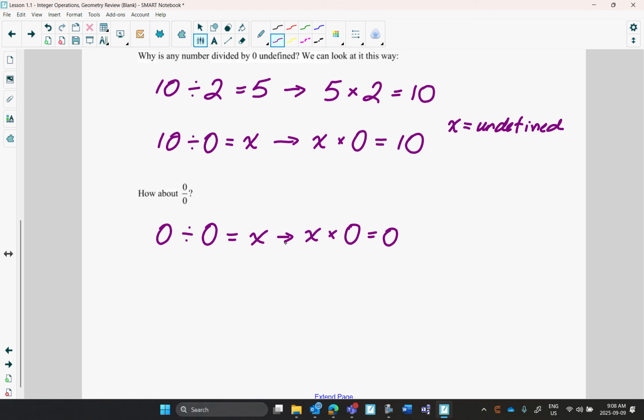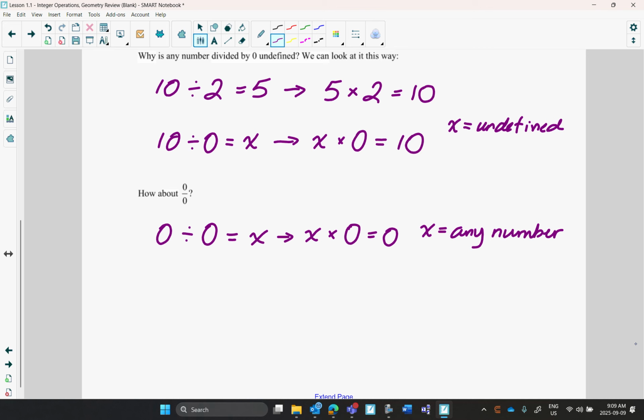So what number times 0 is 0? 0, 1, negative 1, 2. X can be any number. So 0 divides 0 is anything.